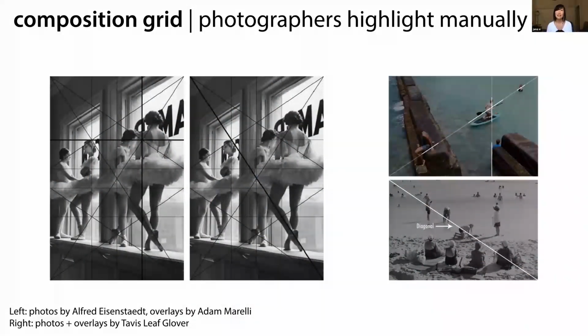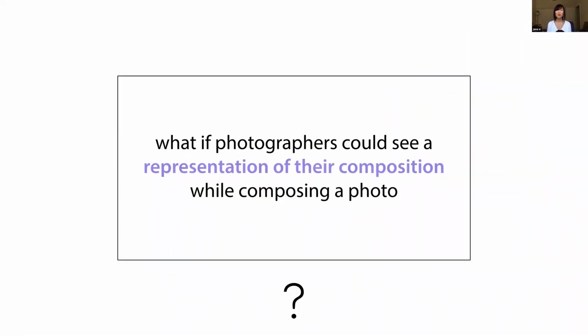Here are some images annotated by professional photographers to explain composition in blog posts and books. Photographers will walk through different aspects of a photo, highlighting the relevant subsets of lines as they go. So this helps focus the attention of the readers. We wanted to automate this process and show these highlighted lines as overlays directly in the camera.